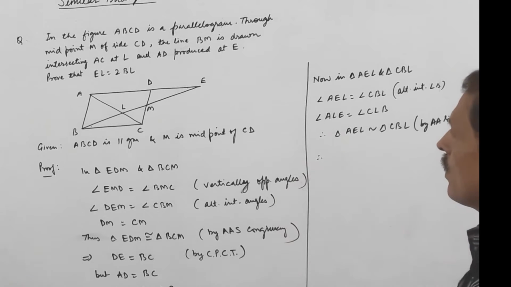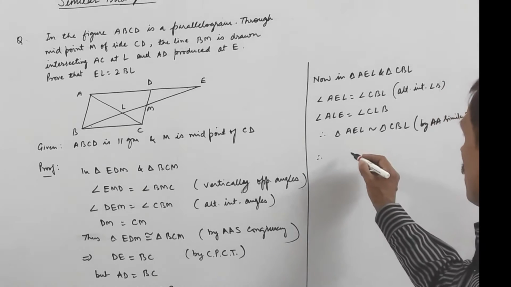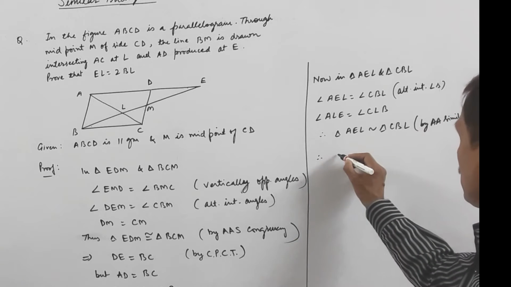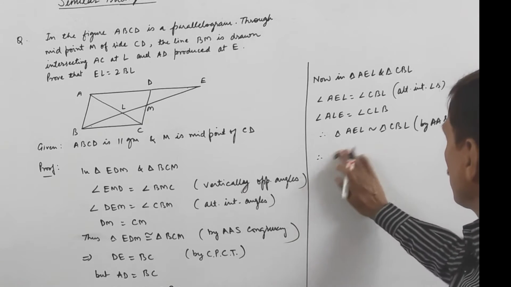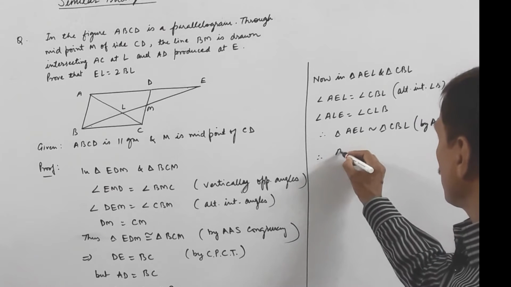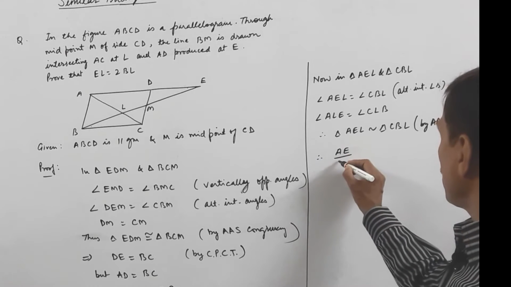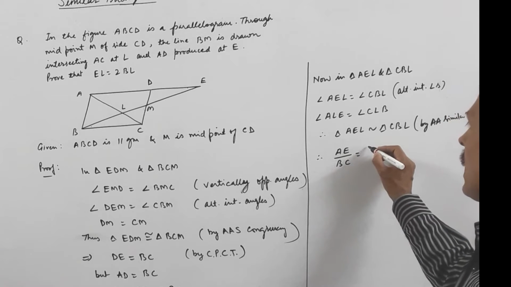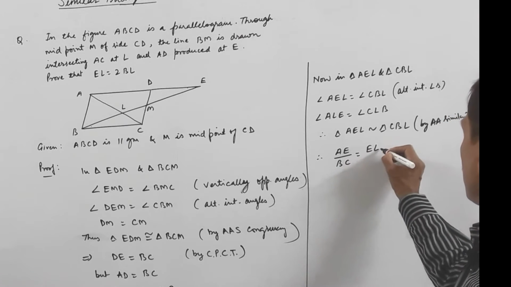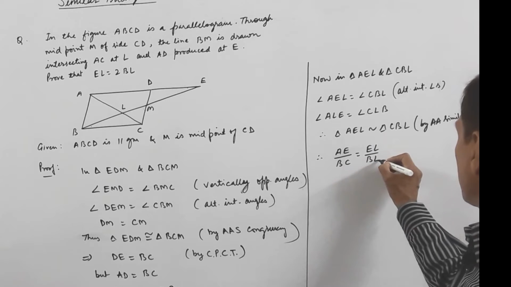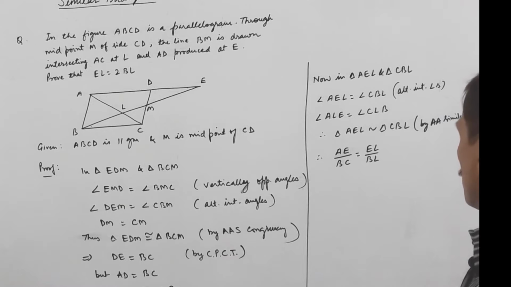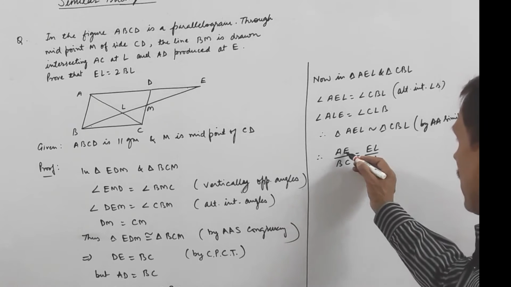Therefore, AE upon BC is equal to EL upon BL. Because triangles are similar, the corresponding sides are in the same ratio. We know AE is twice of BC.